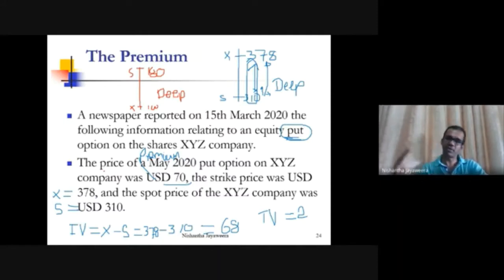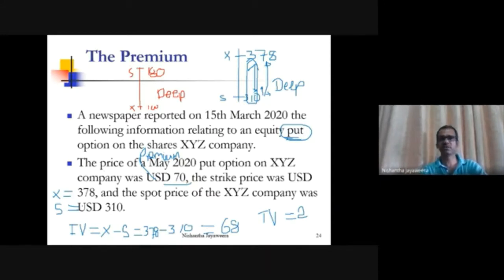It is deep out of the money. So again, whatever the time period, the chance that the price can come back and bring the option into the in the money status is low. So for that sort of option, time value plays less of a role compared to the intrinsic value.